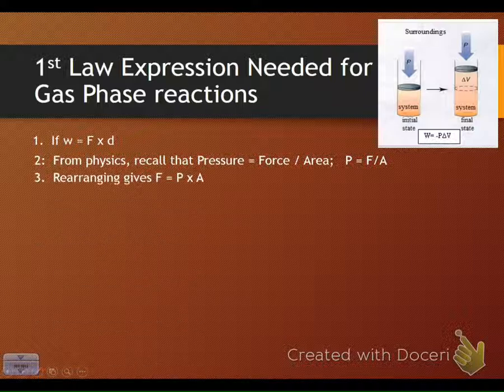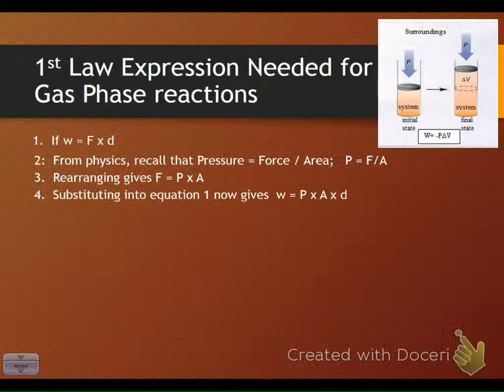Then we're going to rearrange that, and I'm going to solve that for F. Force equals pressure times area. Let's plug that new rearrangement into equation 1, step 1 up there. And now I have work equals P times A times D. Then I'm just going to group A and D together.